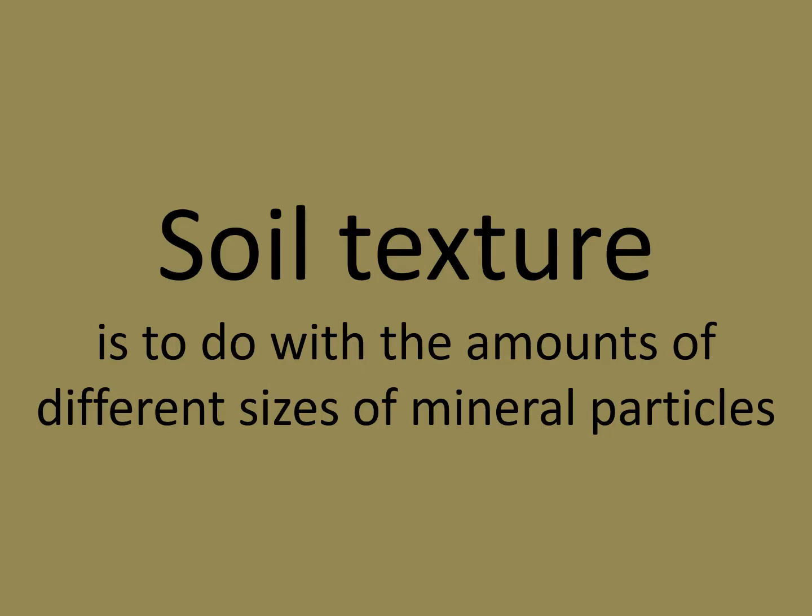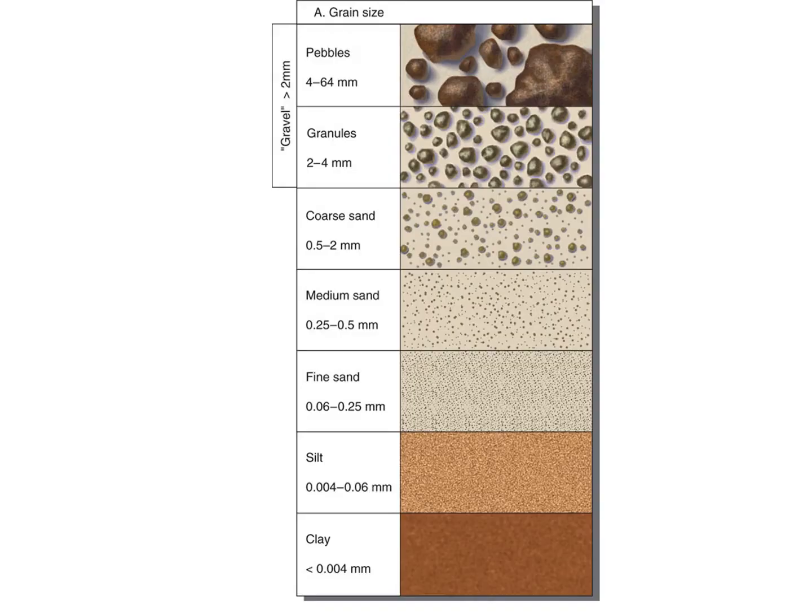Moving on to soil texture now. That is, as the name implies, to do with how it feels, and it's to do with the relative amounts of different sizes of mineral particles in the soil. This shows the different particle sizes of the mineral proportion of the soil.